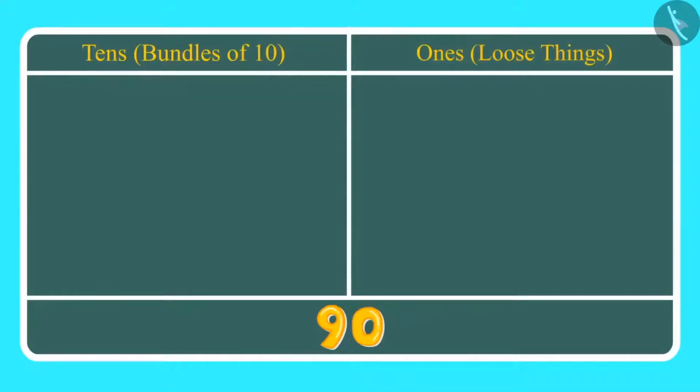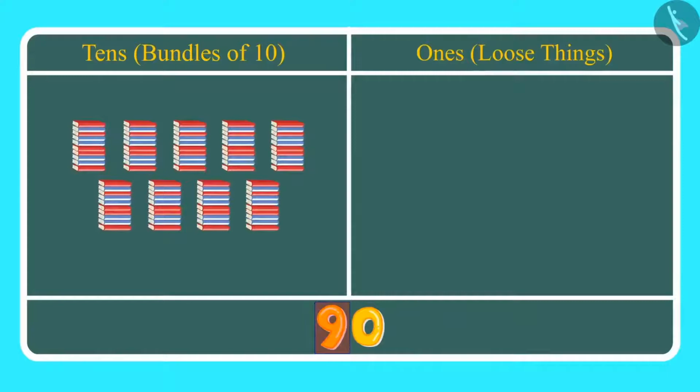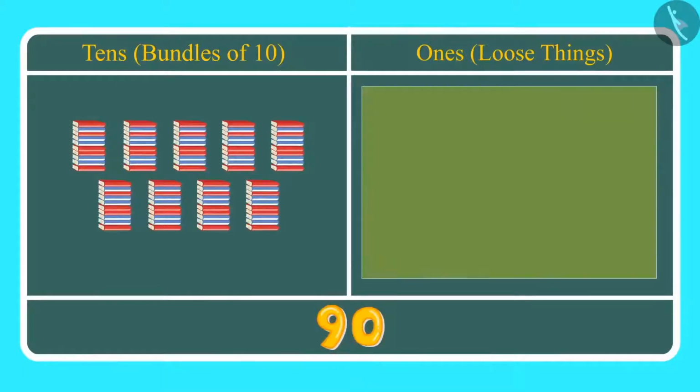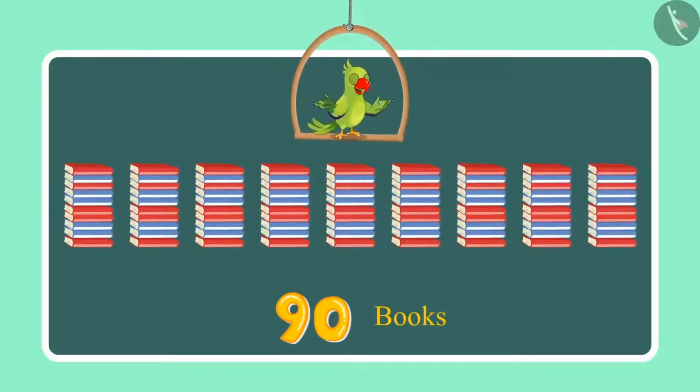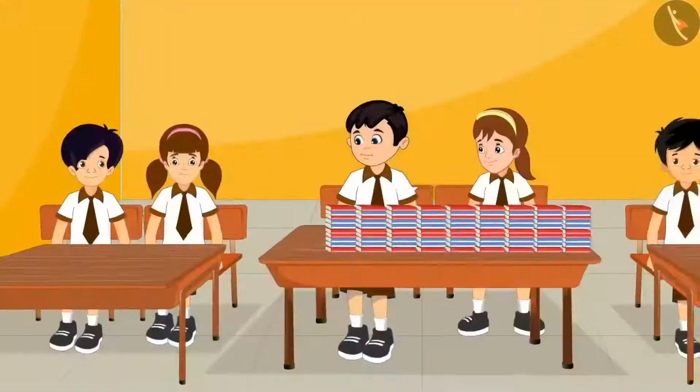This means we have 9 tens, which we can also call 9 bundles of 10, which is 90, and there is no ones here. So did you see, children? 9 tens means 90 books. This shows that Chotu and Aarti have counted 90 books so far.